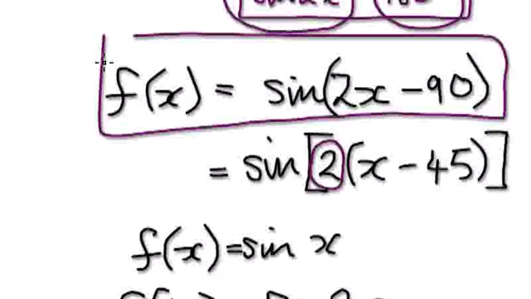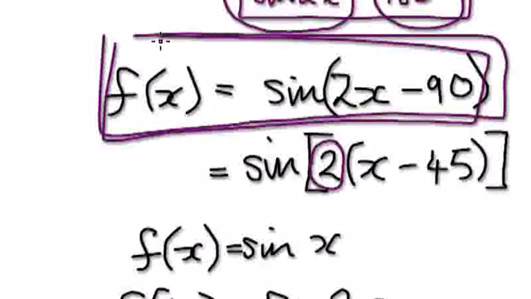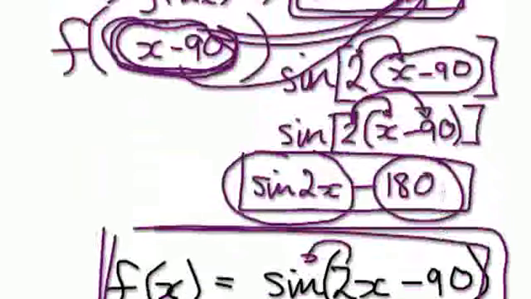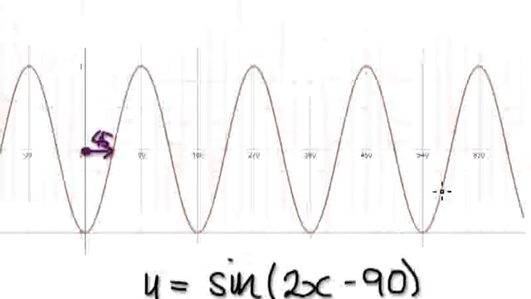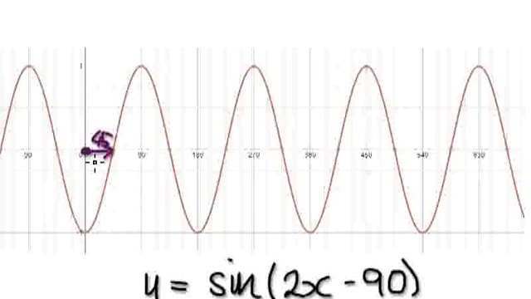So when you try and understand something like this, I know it's strange, but you've got to take the 2 out as a factor so that you can get x on its own. You see this x minus 45 here. If you go back to the original proper graph, the proper graph for what we're trying to understand, you can see that is a shift of 45.